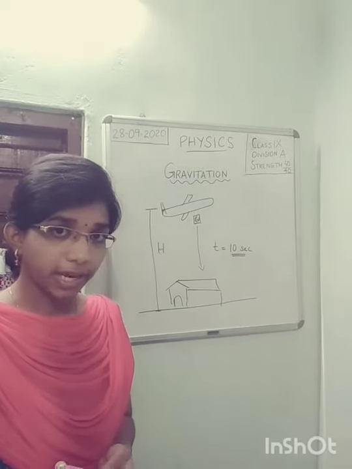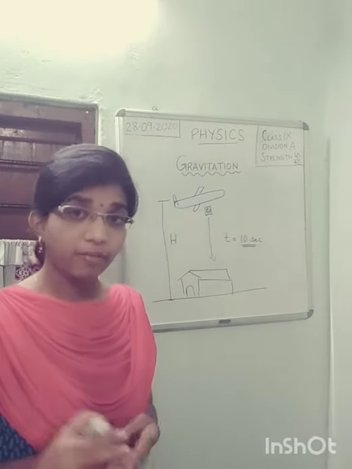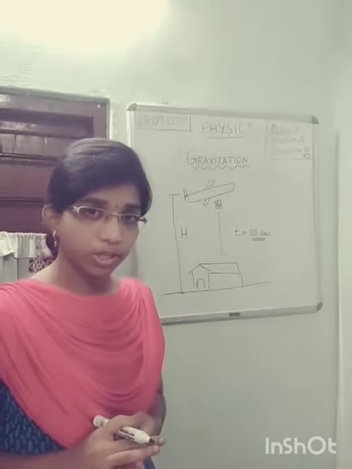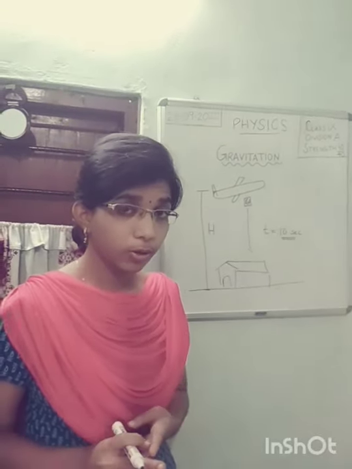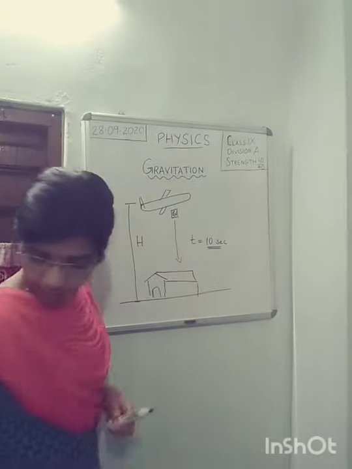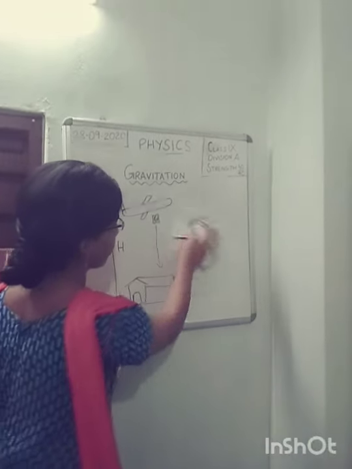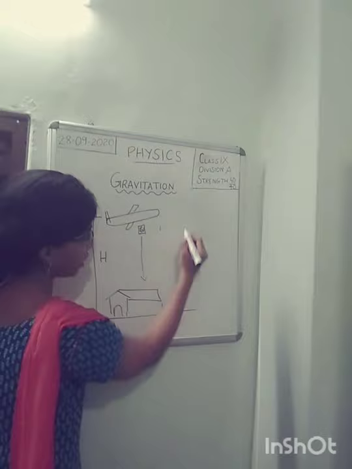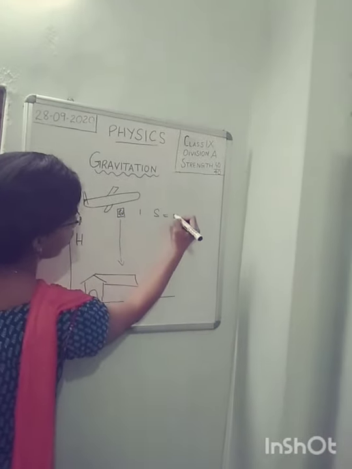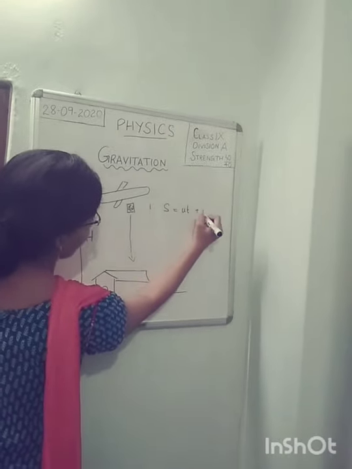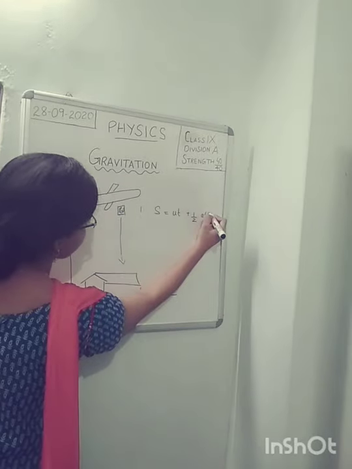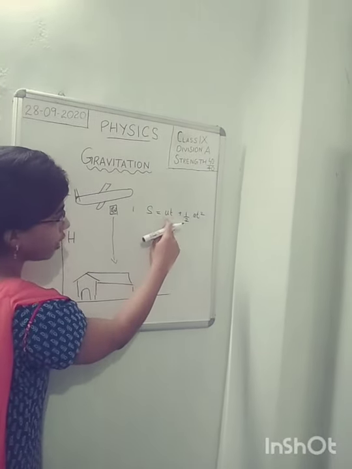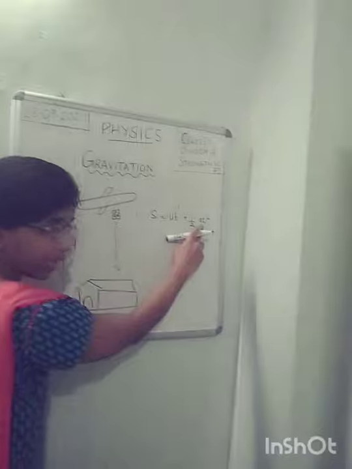In the previous chapter, equations of motion, we learned 3 equations of motion. What were they? Yes, the first equation of motion that we learned is s equal to ut plus half at square, where s is the distance, u is the initial velocity, t is the time, a is the acceleration.